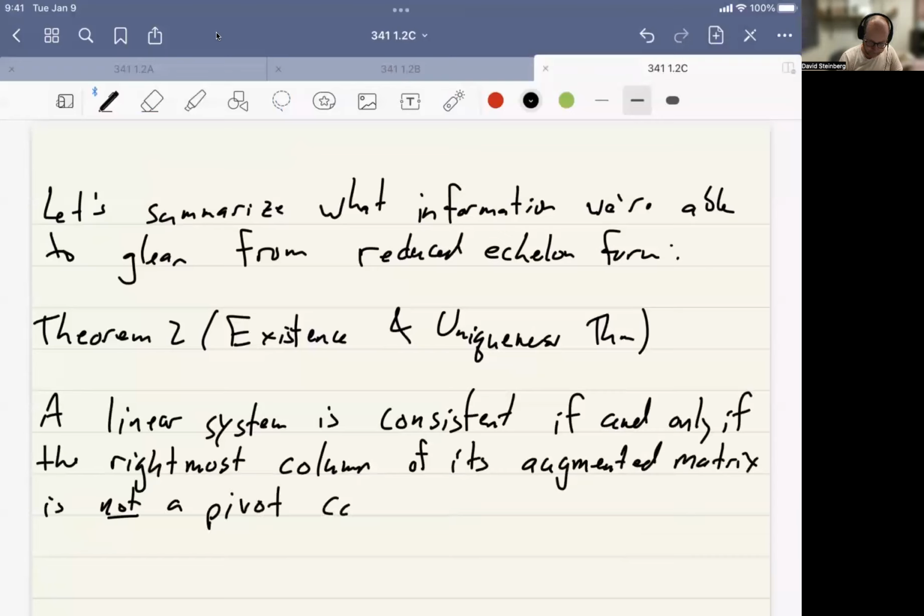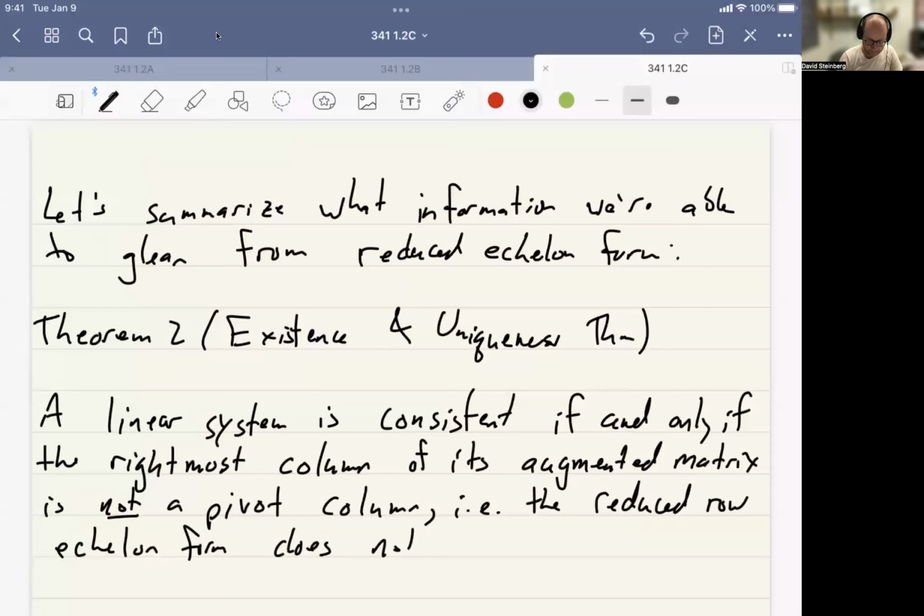Okay, pivot column. In other words, the reduced row echelon form does not have a row that looks like all zeros and then some non-zero number in the very last column.